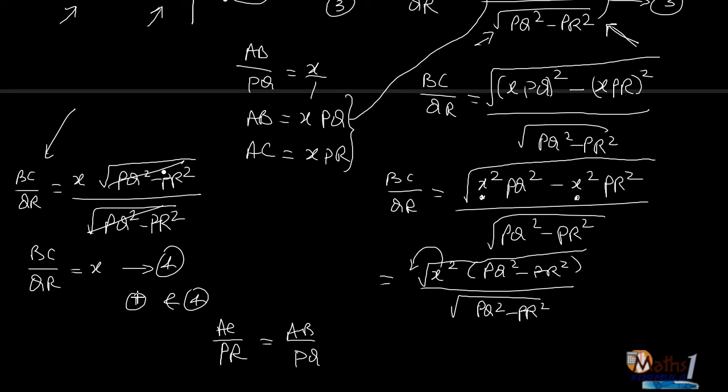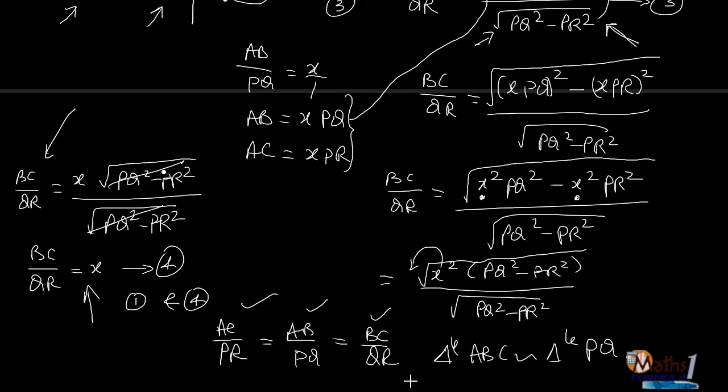That one is equal to X, and this is also equal to X, so that means BC by QR. Now what we did is we proved that ratios of all three sides are the same. I can safely say that triangle ABC is similar to triangle PQR.